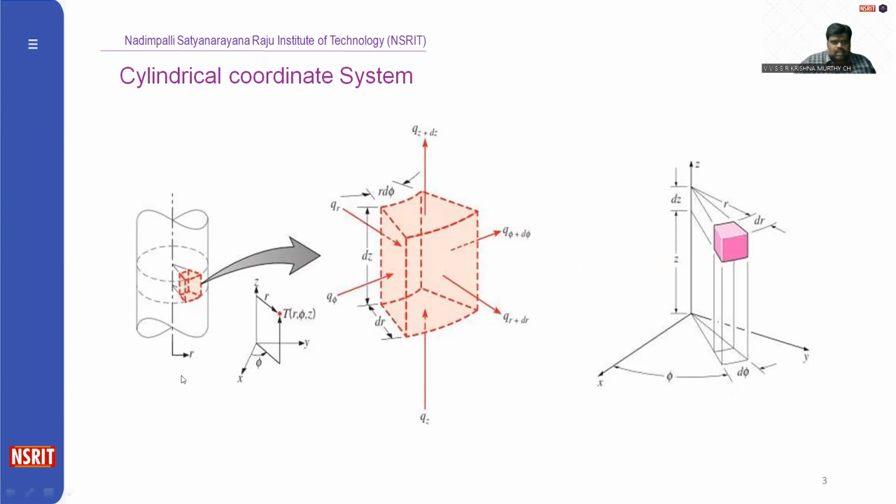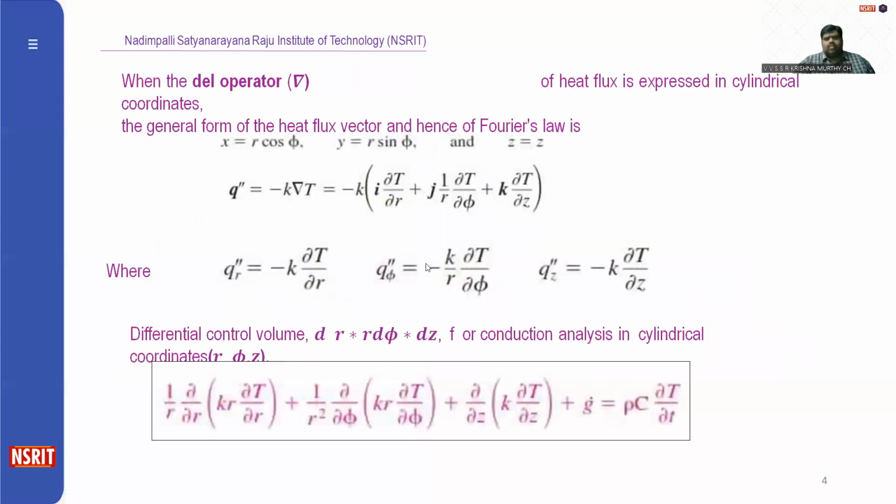If you take the cut section of the cylinder, the first side of the face is dr, the next face is r d phi, and the third face is in the z direction. By using the first law of thermodynamics only, you will be deriving the heat transfer equations.